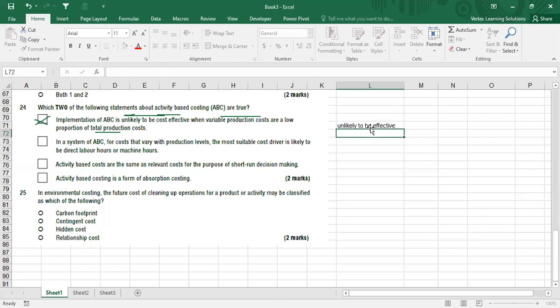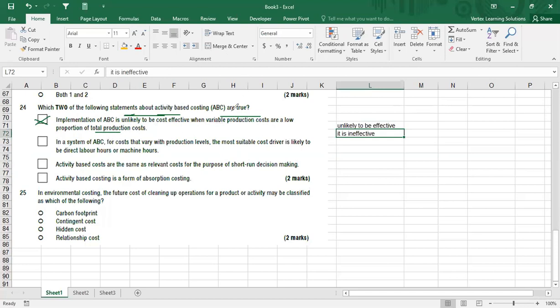They could have written it is ineffective; it is the same thing. So I can read that implementation of ABC is ineffective, which means it is not desirable, when variable production costs are a low proportion of total production overhead.